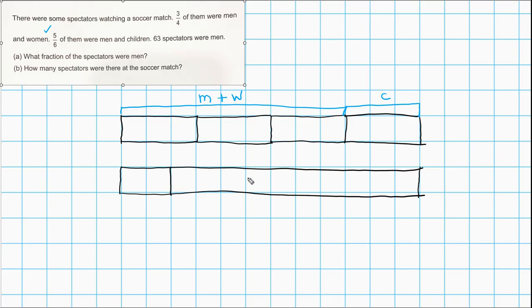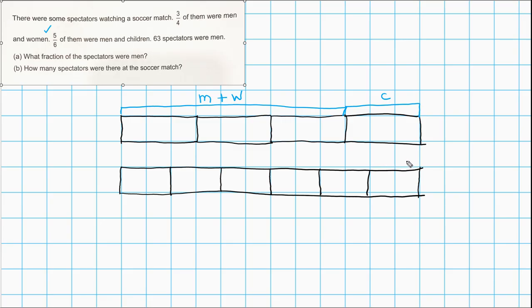Okay, so that would be 1, 2, 3, 4, 5, and 6. Okay. What are we told? 5/6 of them were men and children. Okay. Well, I've got men and women here and children here. So the number of children is remaining the same.